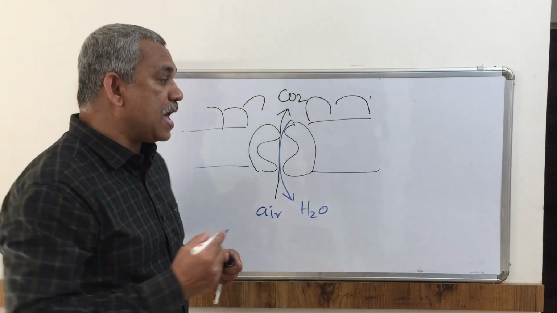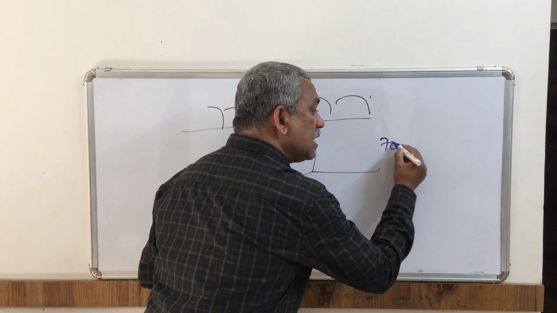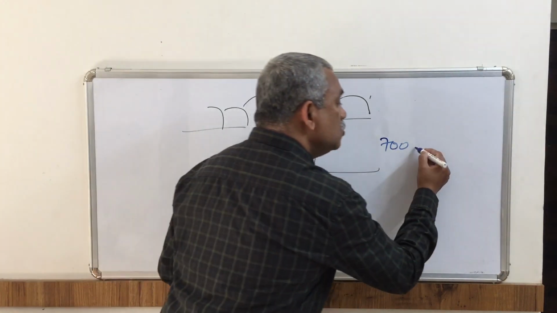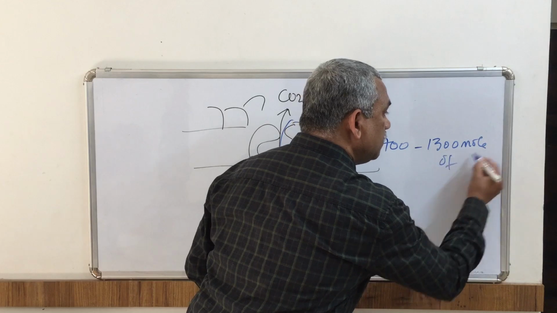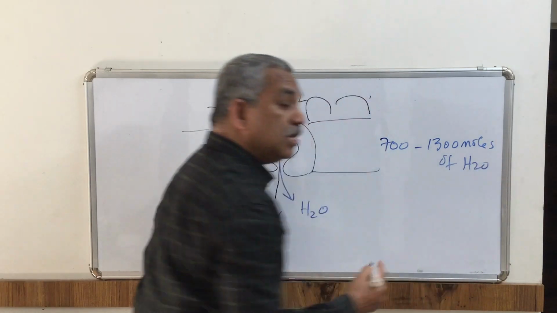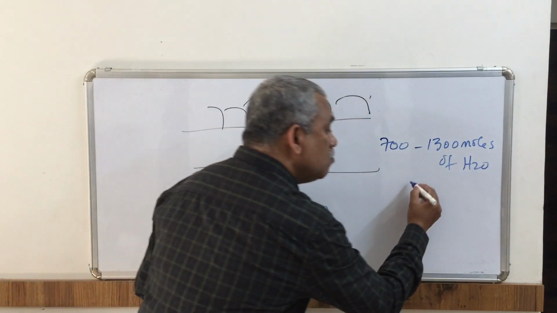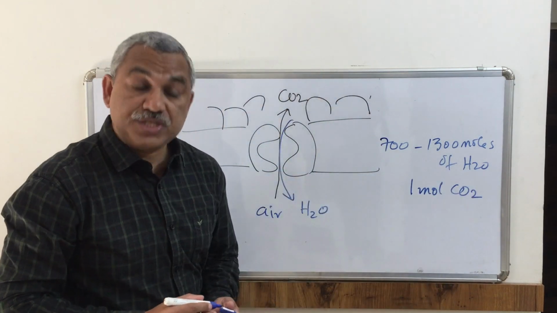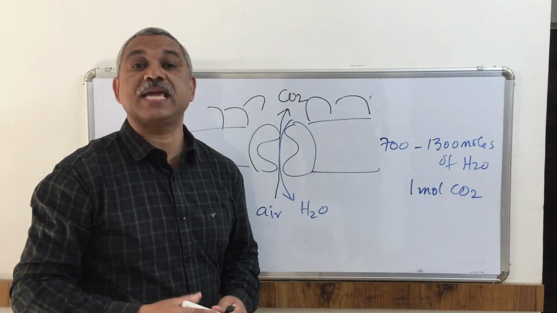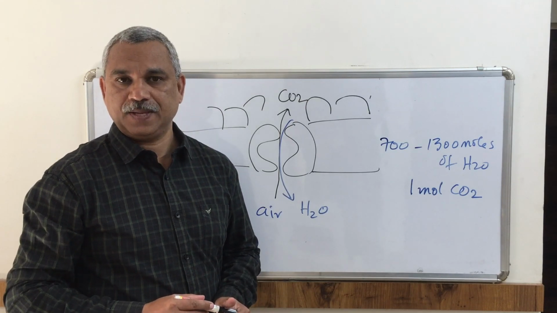A C3 plant would require somewhere around 700 to 1300 moles of water in order to fix 1 mole of CO2. This is a huge amount of water that is required by C3 plants.